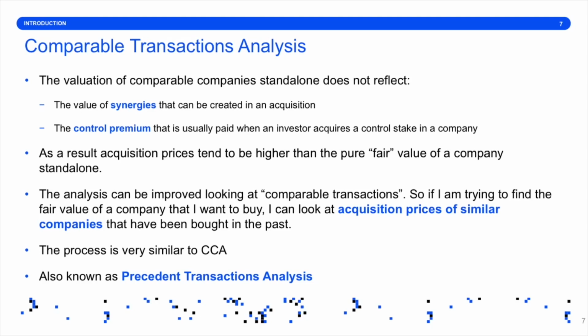So the control has value because you can change the company, you can name yourself CEO, you can do a lot of stuff that you like to do. And so that's worth something. Okay, so this is why we want to look at similar transactions.